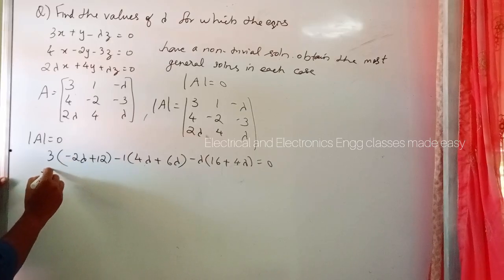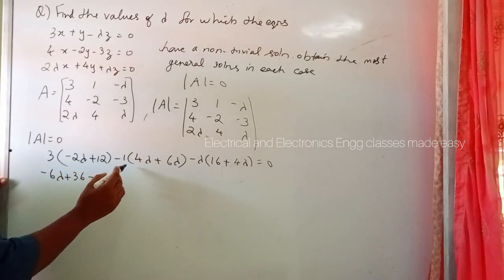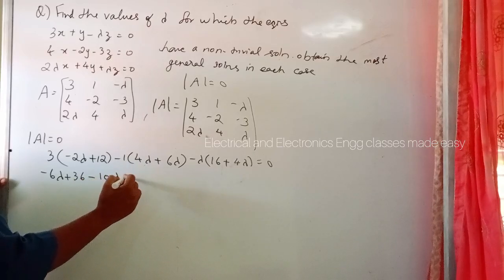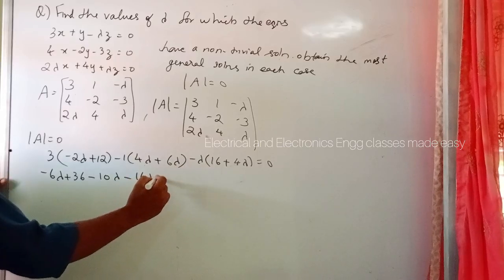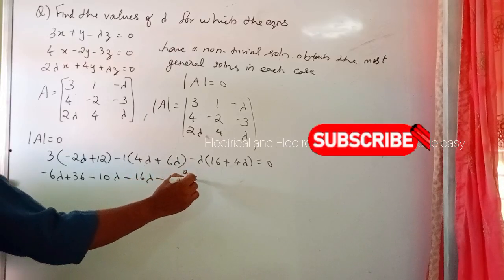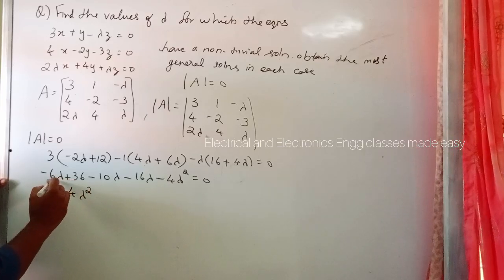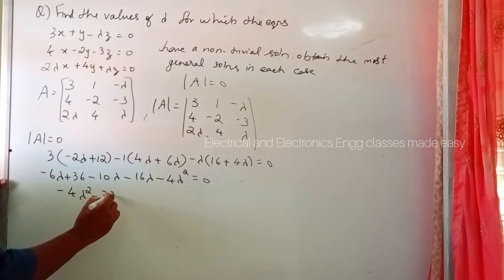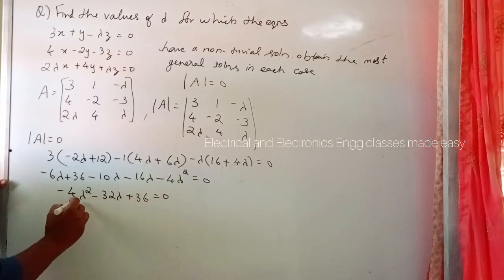So here minus 6 lambda plus 36, then minus 10 lambda, then minus 16 lambda, minus 4 lambda square equal to 0, that is minus 4 lambda square minus 32 lambda plus 36 equal to 0.